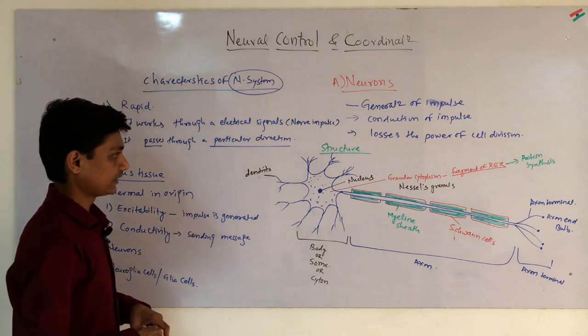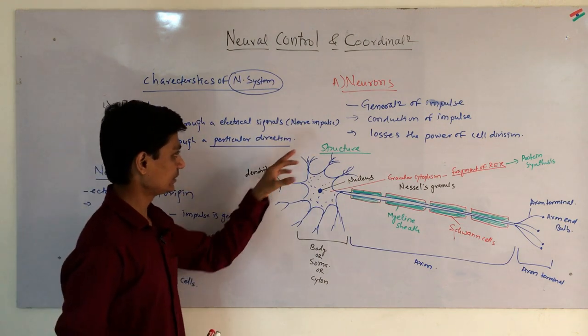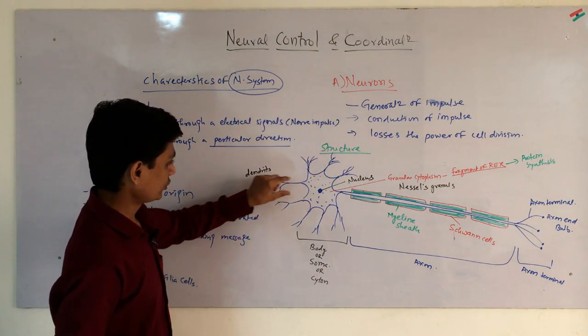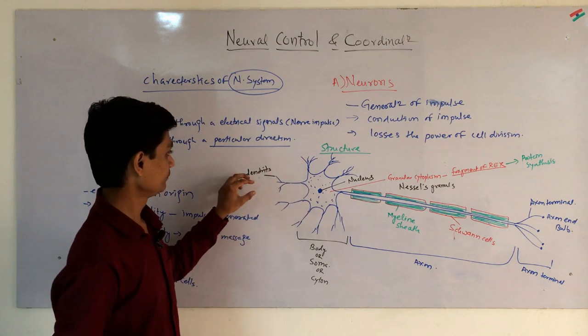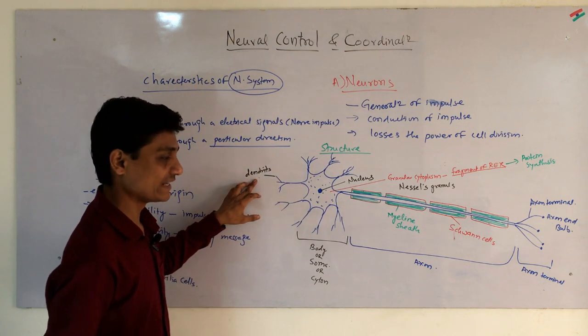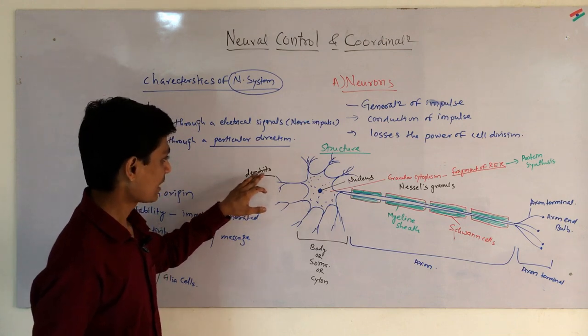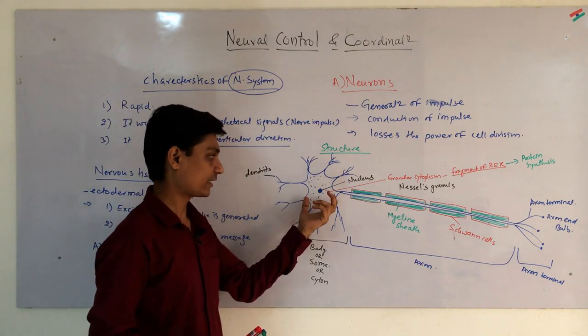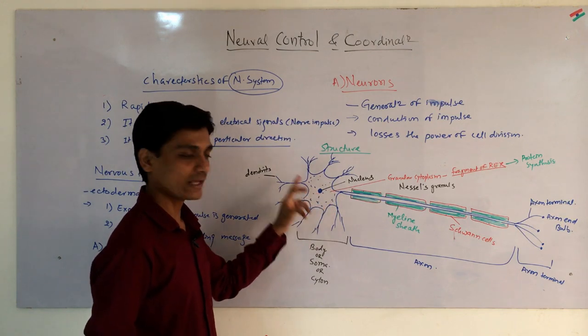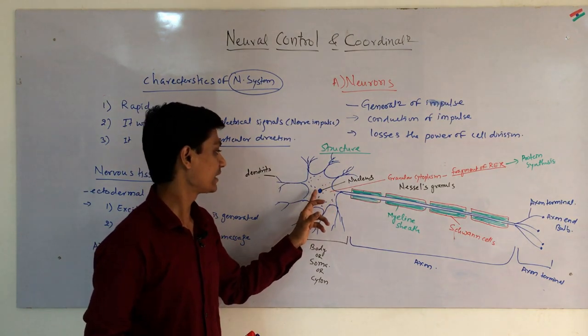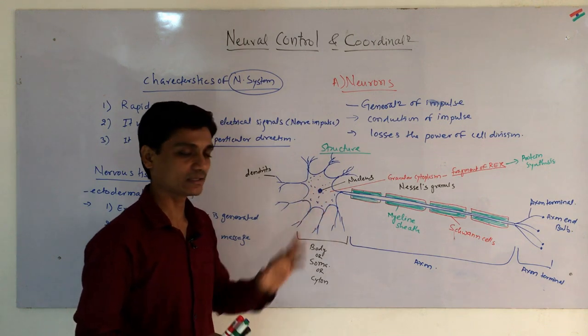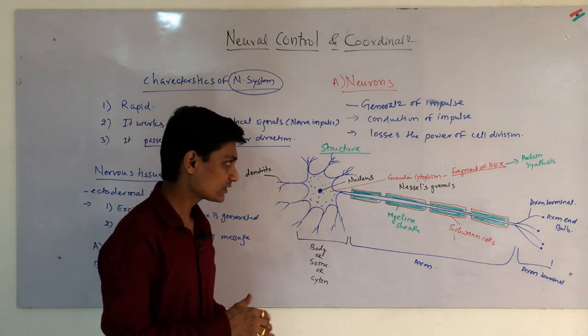Okay, as we know in the structure, see the projections coming from the body form branches. Many branches are there, known as dendrites, and the second part, the body, has one nucleus inside the cytoplasm, and the cytoplasm is granular cytoplasm. Why?